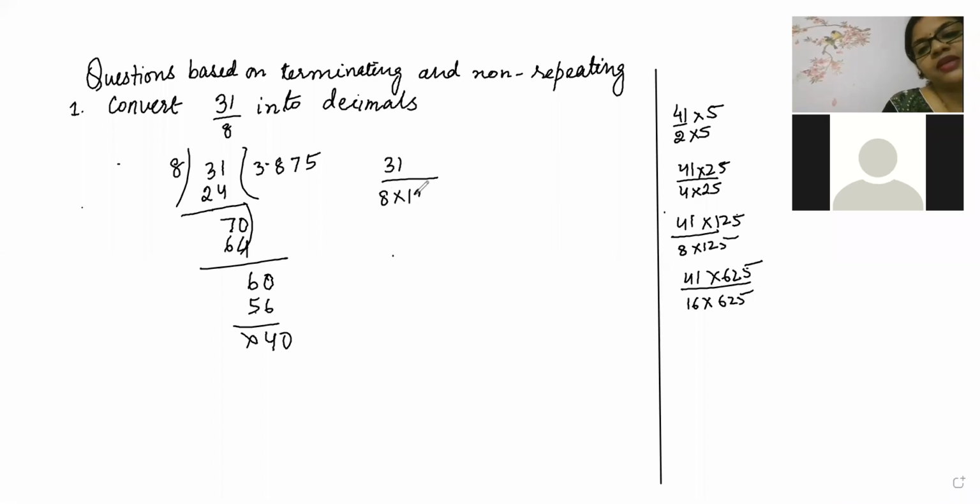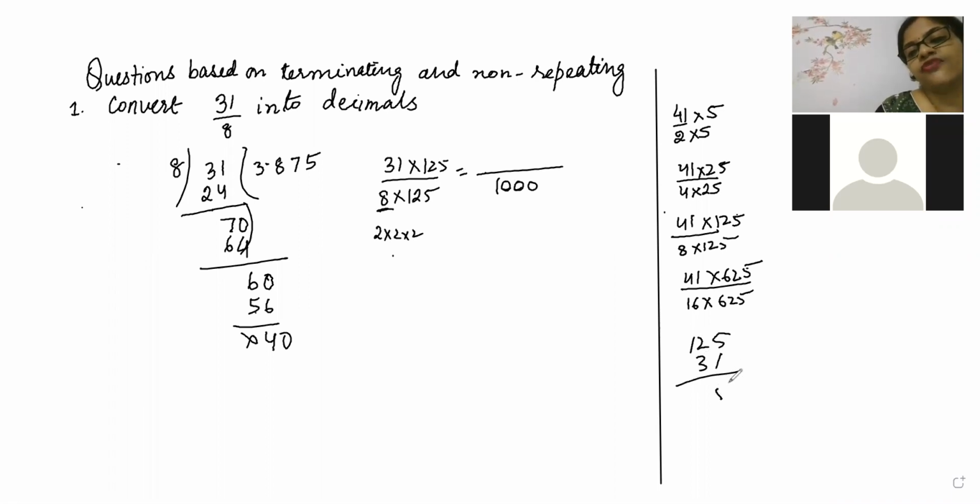So beta, now in the shortcut way, 31 by 8 is there. That means we will multiply it with 125 down, 125 up. Since 8 is there, 8 means triple 2, so 555 multiplied three times and 000 comes in the denominator. Now only one work you have to do: 125 times 31 is 3875.